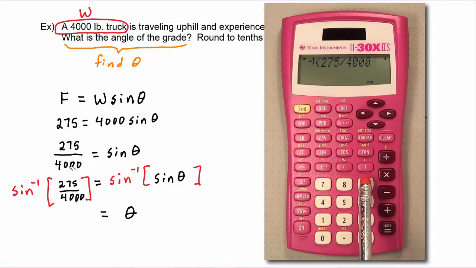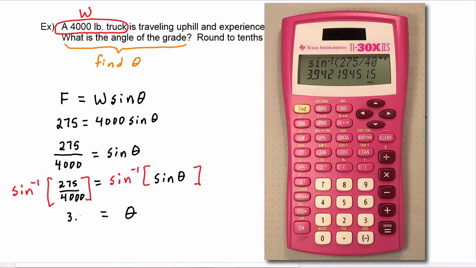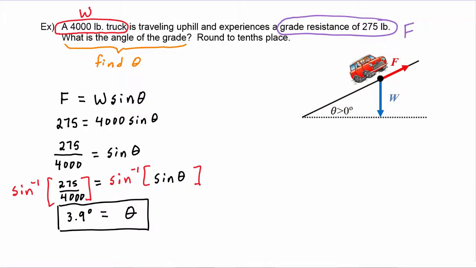Then we'll close our parentheses, and then we'll hit the enter button. Now if we round to the tenths place, we see that theta is going to be 3.9 degrees. Theta is positive, and that makes sense because we know that the truck is traveling uphill.